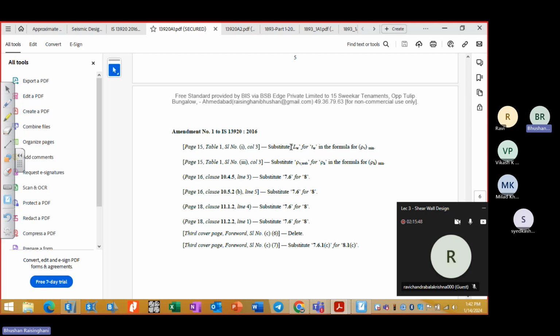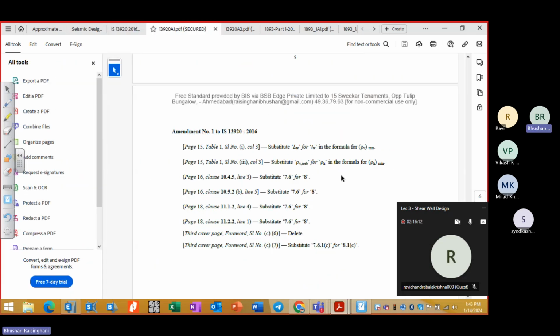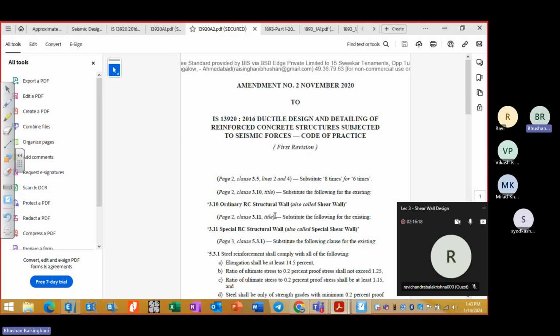So here in this clause you can see L_W has to be substituted for T_W in the formula for rho V minimum, and rho V web for rho H in the formula for rho H minimum. So there was some problem in the formula. You can see rho V web for rho H in the rho H minimum formula. It was mentioned, so you just refer to the amendment also for that formula. 10.3.2 is not changed. Again, let us see.